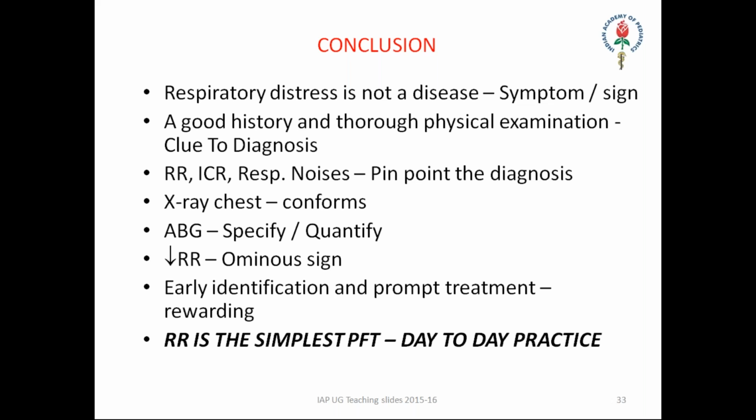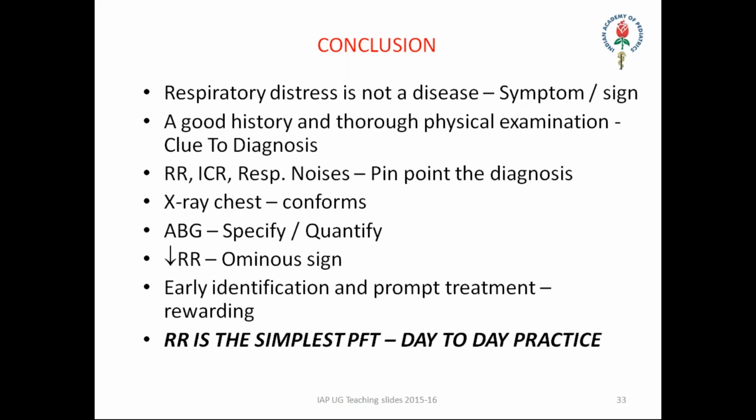So the conclusions are: respiratory distress is not a disease, it is a symptom or a sign. A good history and thorough physical examination give a good clue to the diagnosis. Respiratory rate, increased intercostal chest retractions, and respiratory noises pinpoint the diagnosis. I have already told you how to differentiate between a stridor, wheeze, and a grunt. X-ray chest almost confirms it. ABG will specify or quantify how much the distress is and how to intervene.